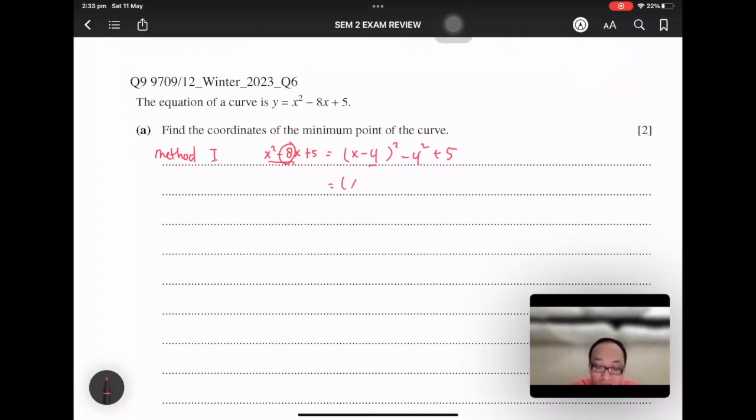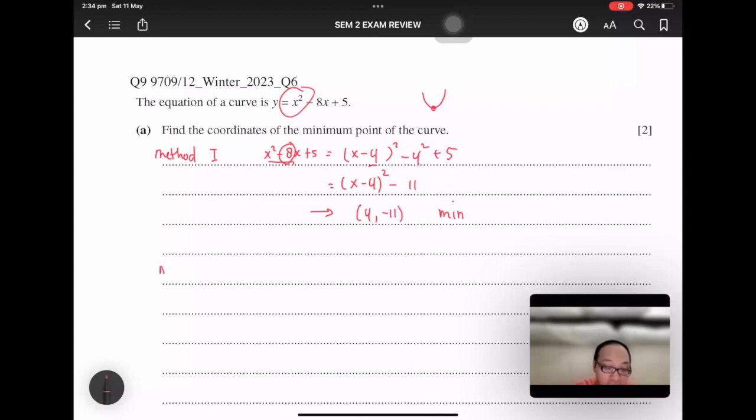So it equals (x minus 4) squared minus 16 plus 5, minus 11. So from here we have the vertex coordinates (4, negative 11). Since the coefficient of x squared is positive, this is a minimum point. So the minimum point is this, the coordinates of the minimum vertex. That's the first method.